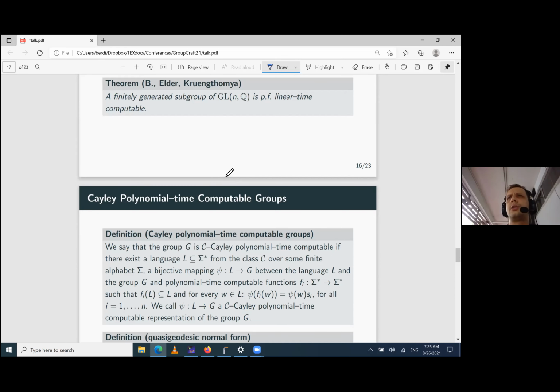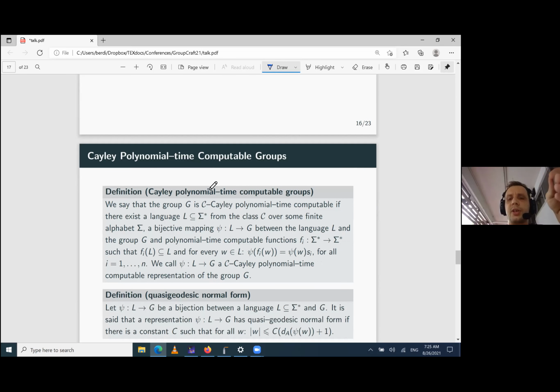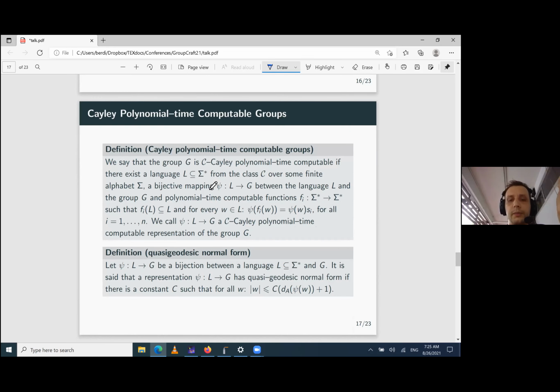So now you don't need to assume that your Turing machine is position faithful. This assumption is just irrelevant here. So what assumption might be worth making? That the normal form you get is so-called quasi-geodesic.